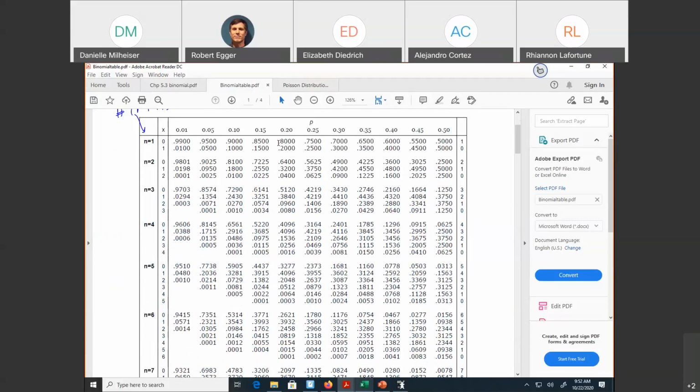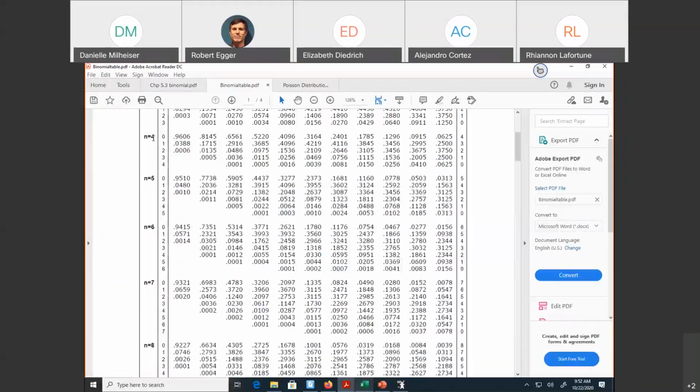So if you happen to have a problem that has one of these values for success, or failure for that matter, okay, tables are an option. And of course, how many trials are you doing?